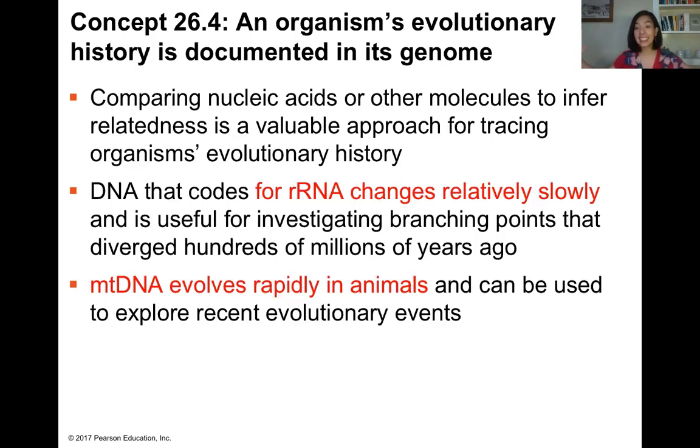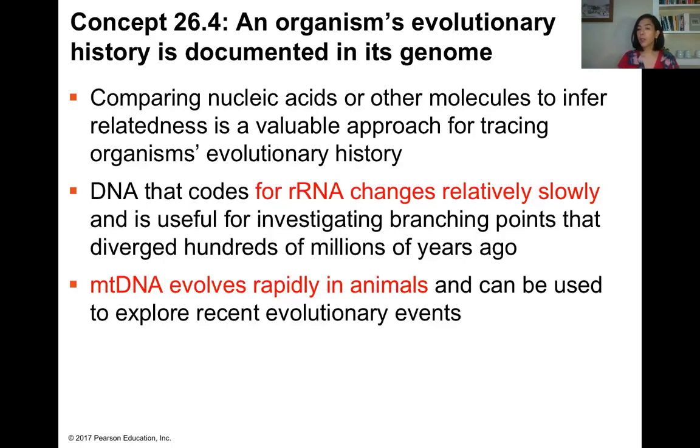That means that it is present in all of them, but that it has enough changes to be able to disentangle which species is which. That means mutations that can tell apart different species or at least different genera. In that case, we are using ribosomal RNA because it has changes that are relatively slow.